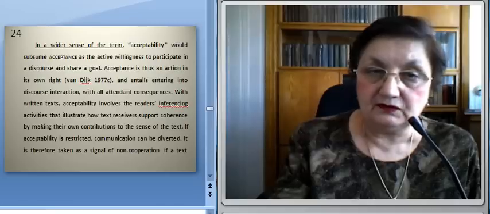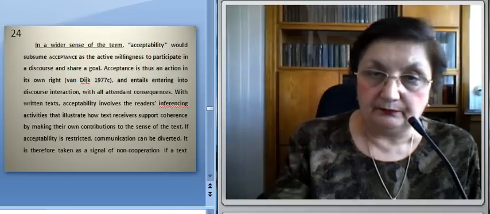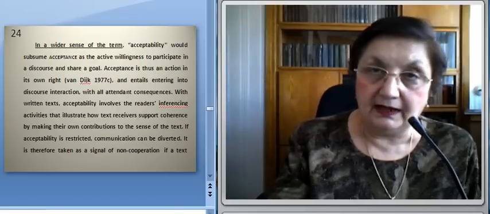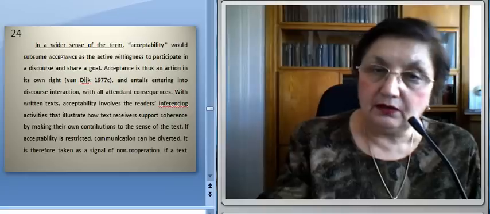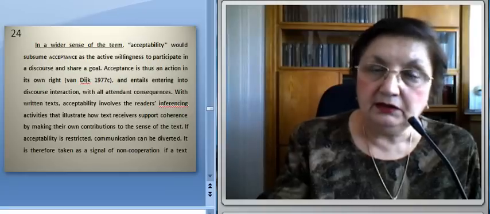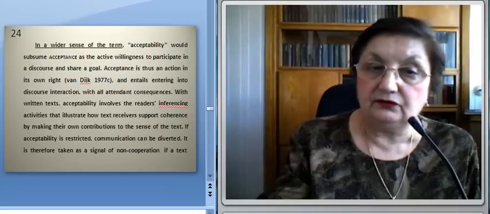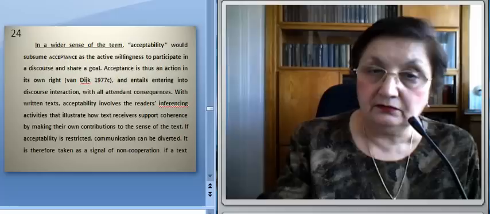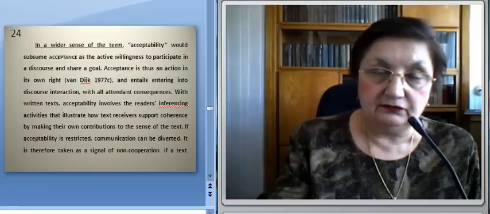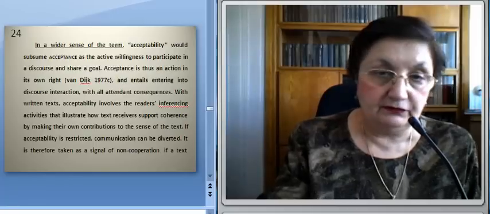With written text, acceptability involves the reader's inferencing activities that illustrate how text receivers support coherence by making their own contributions to the sense of the text.